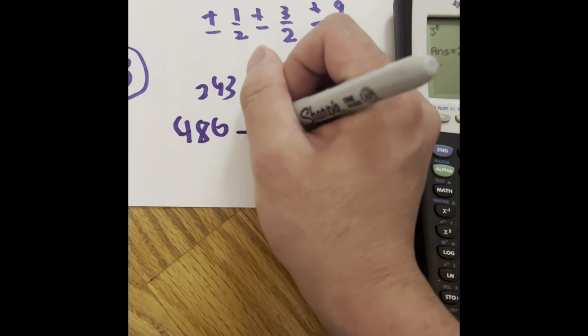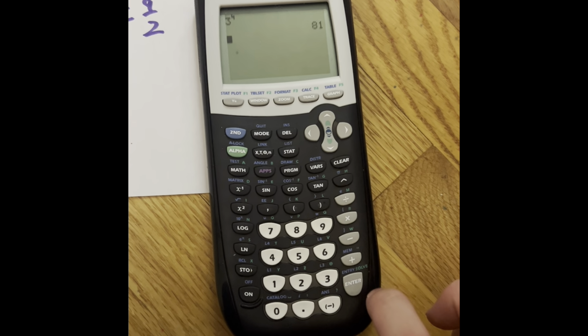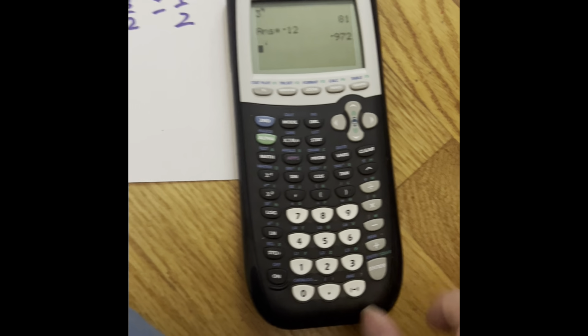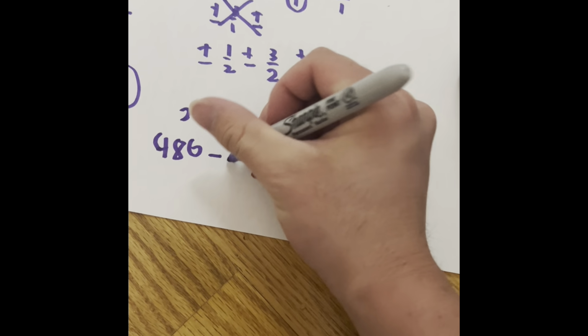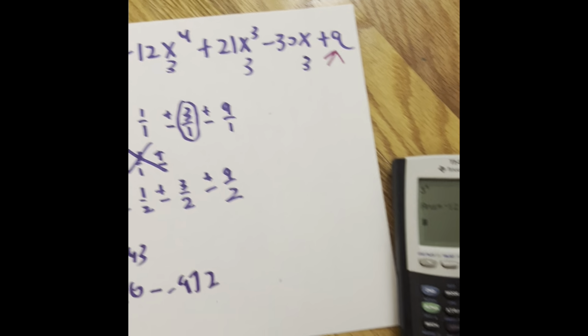486 minus 3 to the power of 4, which is 81, times negative 12 is negative 972. Then we have the x cubed.